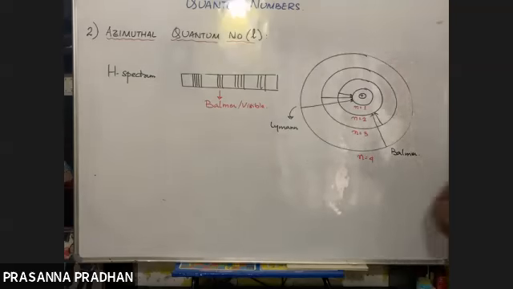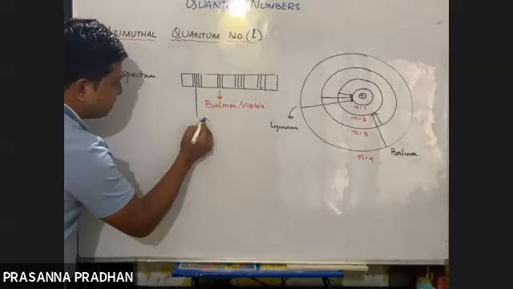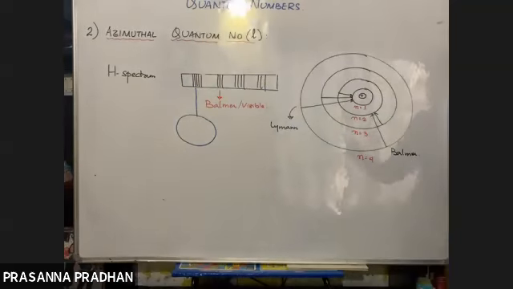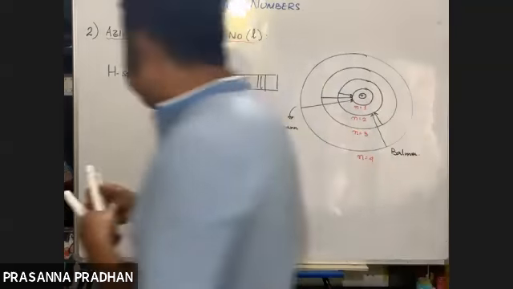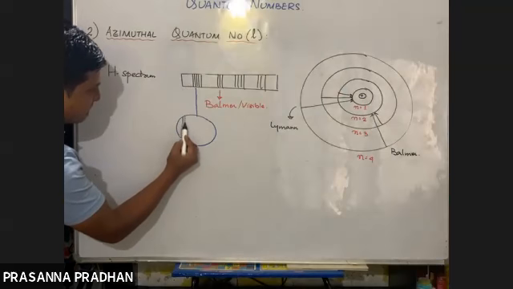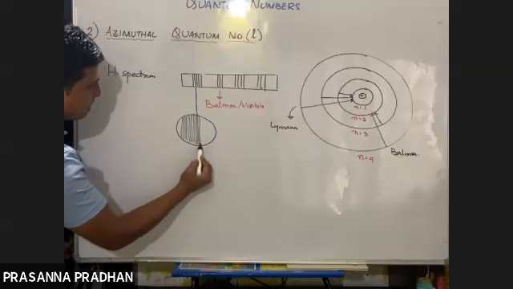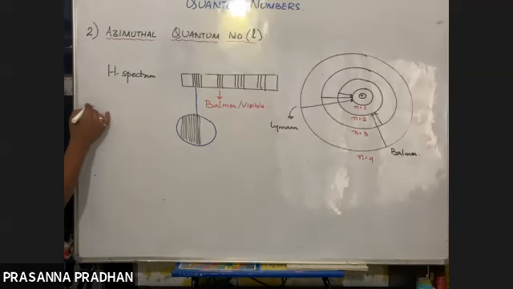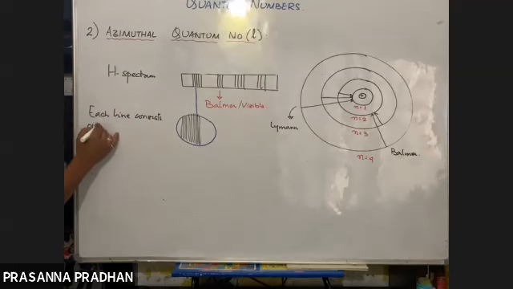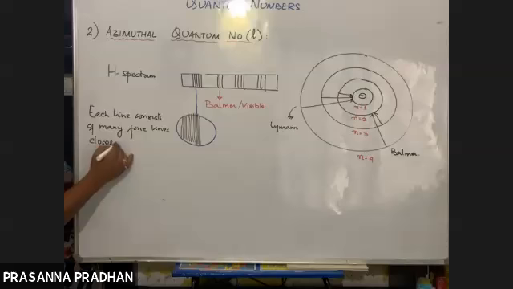Now, as technology advanced, when these individual lines were observed carefully with the help of a fine resolving spectroscope, it was found that each line consists of many fine lines closely spaced together.